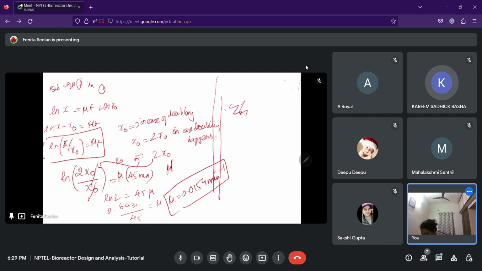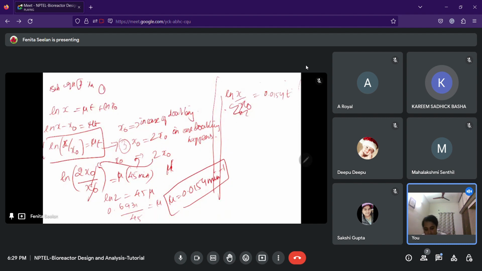If we substitute this in our equation, let's keep this as equation 3. In equation 3, ln of x by x naught is equal to 0.0154 into t.